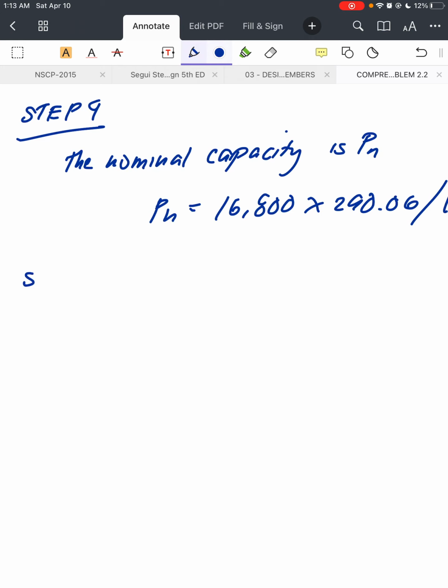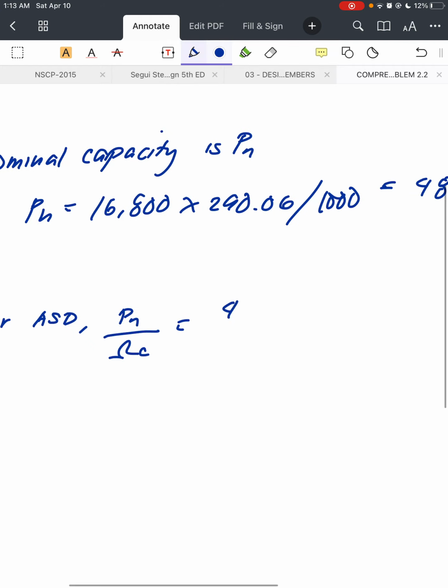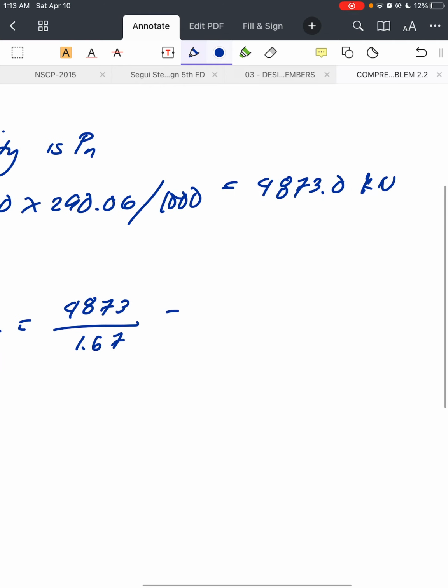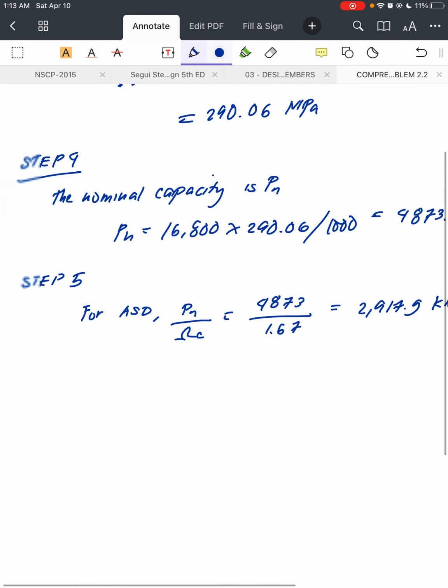So step 5. So for ASD, this is Pn over omega C. That is 4,873 over 1.67. So that is equal to 2,917.9 kilo Newton. Okay.